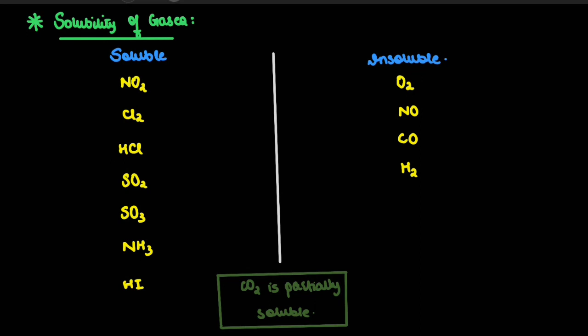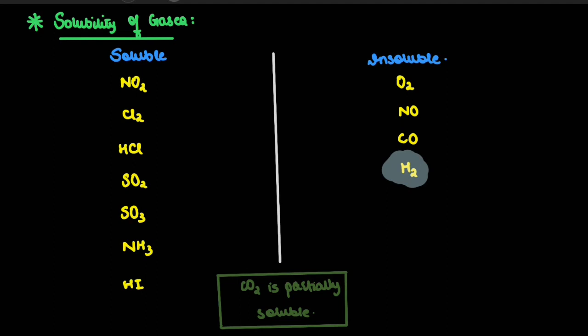All of these are soluble gases. And of course, oxygen, nitrogen monoxide, carbon monoxide, and hydrogen are insoluble gases. Out of these gases, I would recommend you to at least remember hydrogen very thoroughly. We test hydrogen a lot.